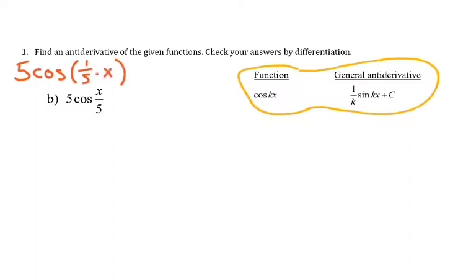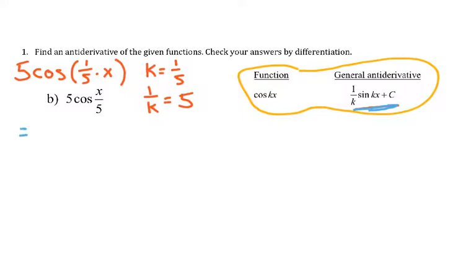Sometimes that's not clear when you just glance at it. But now I can see that k equals 1 over 5, which means 1 over k equals 5. And now I'm just going to use this formula for finding the antiderivative.